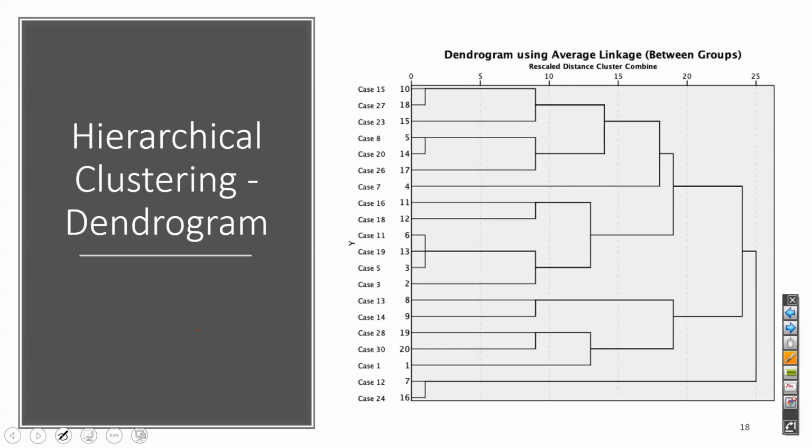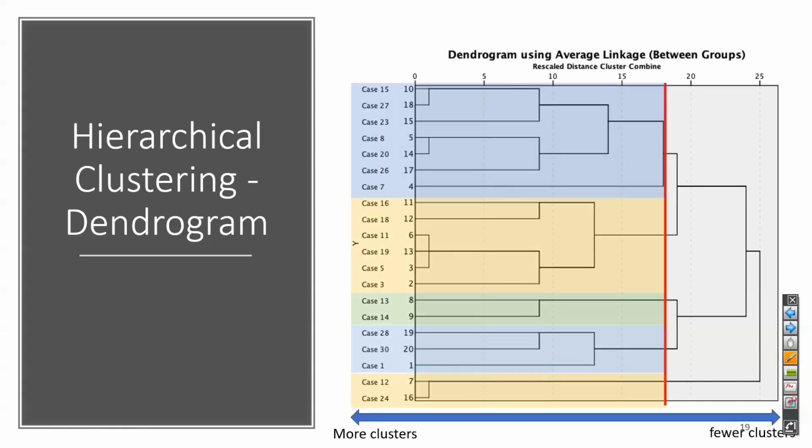So how can I determine how many clusters I need to have? What I can do is draw a line anywhere I want. If I draw the line here, I can tell that I have the first subtree here, second subtree here, third subtree here, and the last subtree there.